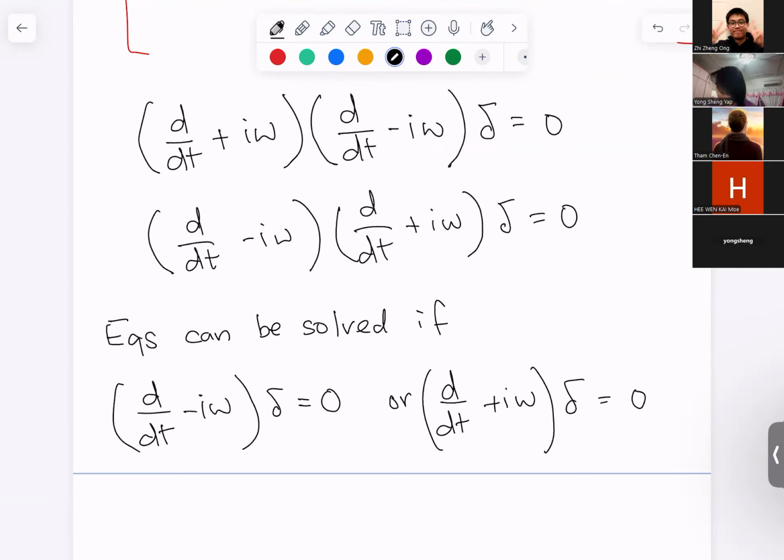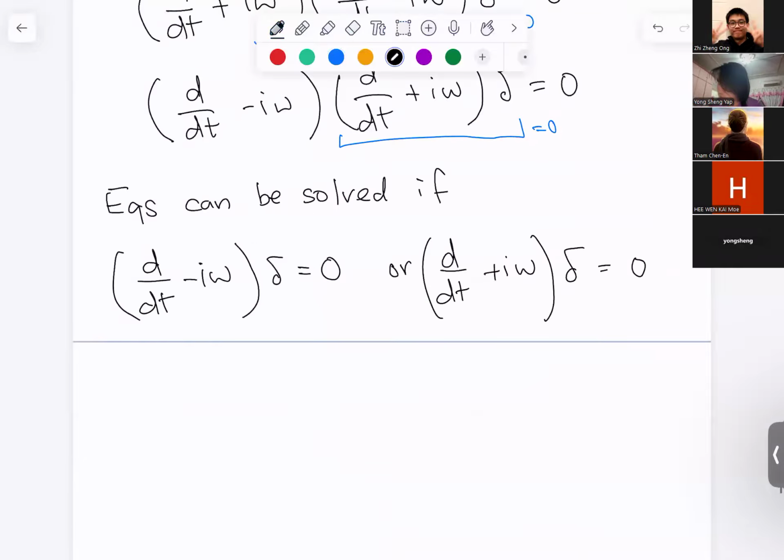Okay? So either this thing is 0, so whatever this thing acts upon is still 0, or maybe this thing is 0. Okay? There are two possible solutions. And these two equations you can solve.